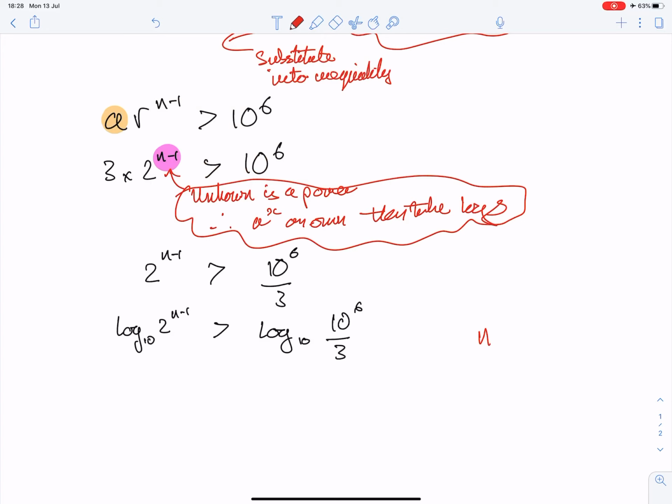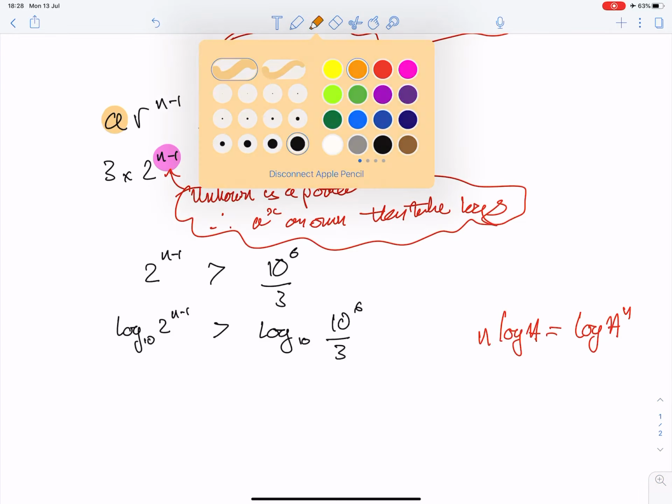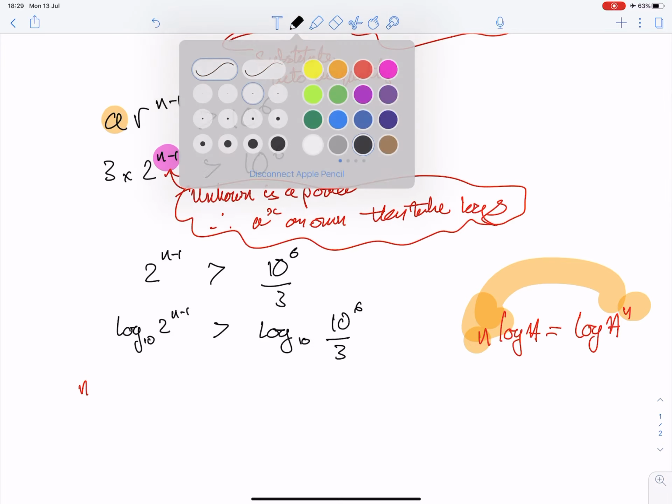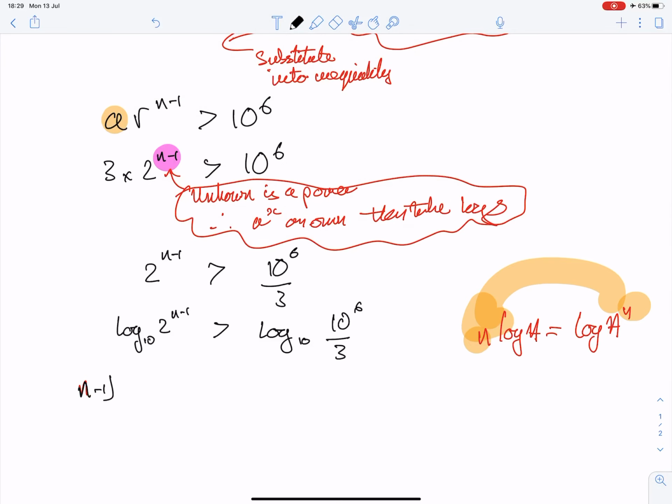We should know n log a equals log of a^n. The power has come down to the front. So we get (n-1) log to the base 10 of 2 is greater than log to the base 10 of 10^6 over 3.